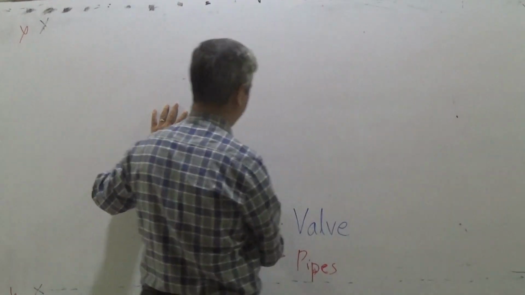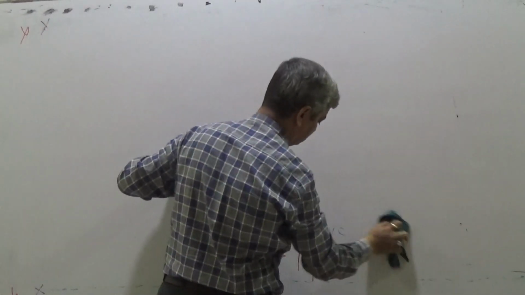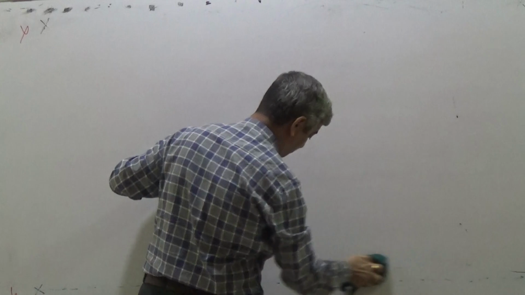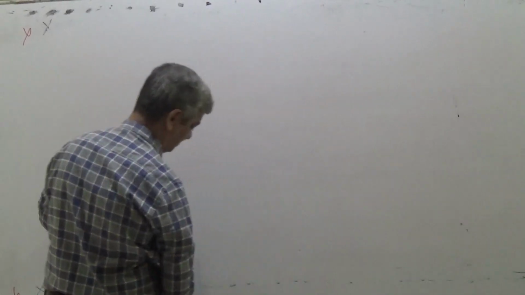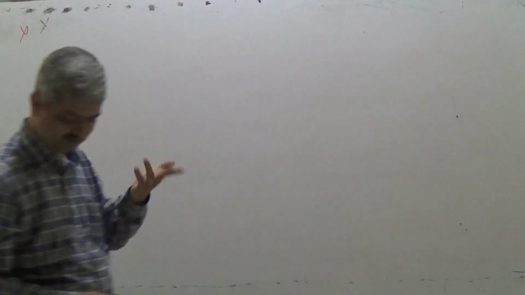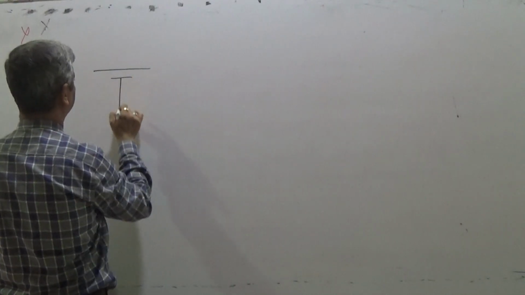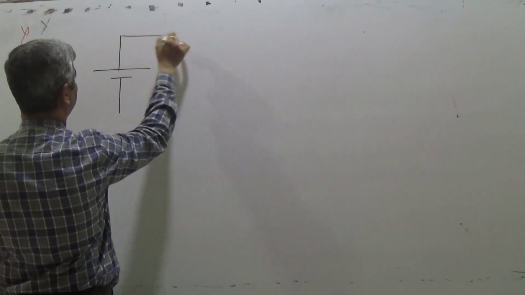I think this will give rise to a very simple understanding of very complex circuits. That's my perception. Whether my perception is correct or not, you will judge after some time. So, this is a simple circuit.